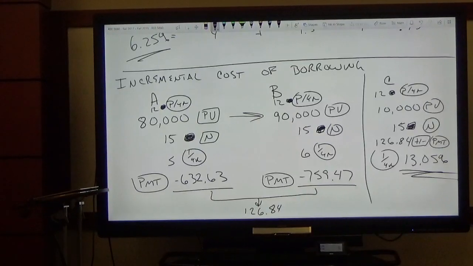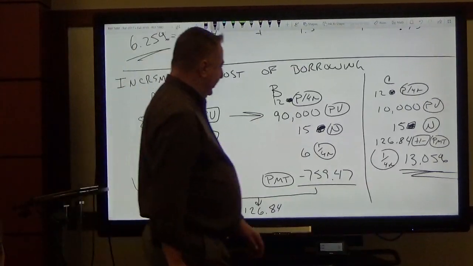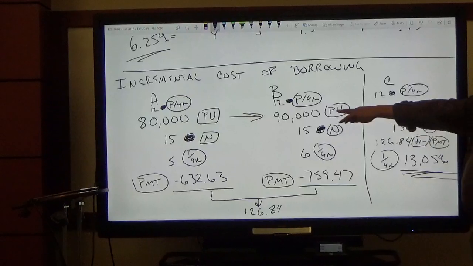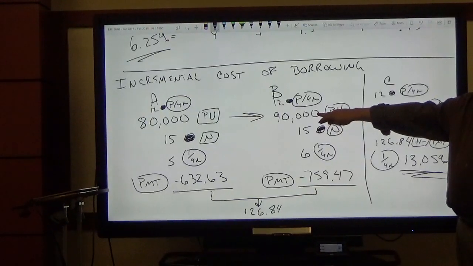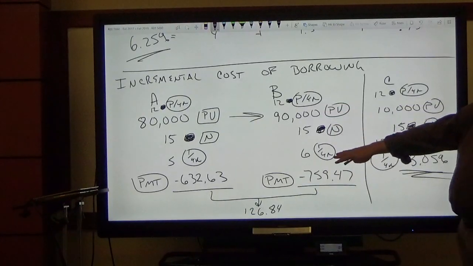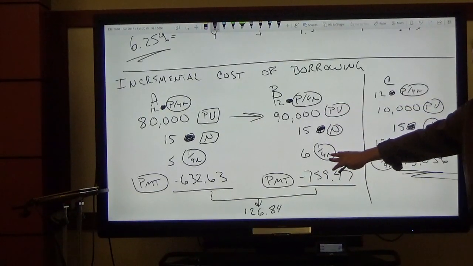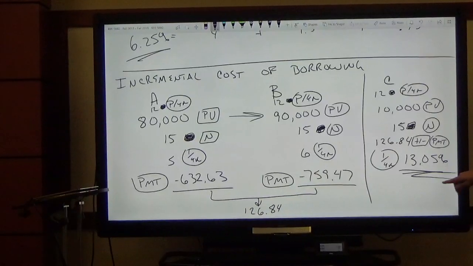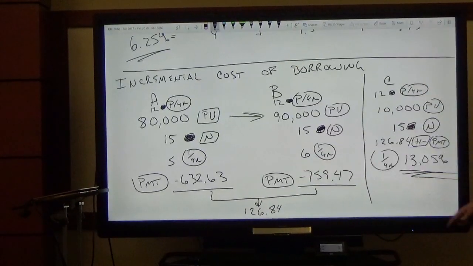Okay? So this is the part that's meant to surprise you. Because the reality of what's actually happening here is that the extra $10,000 you're getting from lender B is really not just costing you that extra percent. The reality is it's really costing you 13%, because of the difference that you would be paying in the payment.